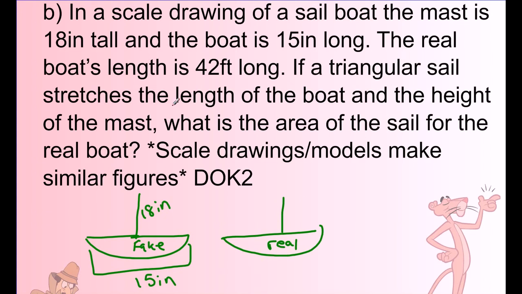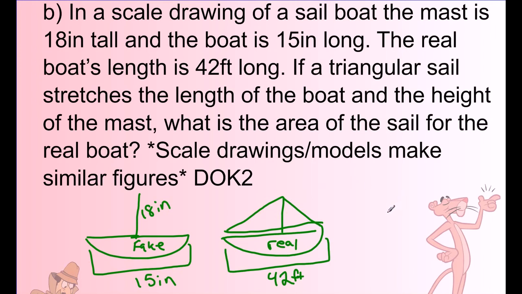The real boat's length is 42 feet long. If the triangular sail stretches the length of the boat and the height of the sail, what is the area of the sail of the real boat?